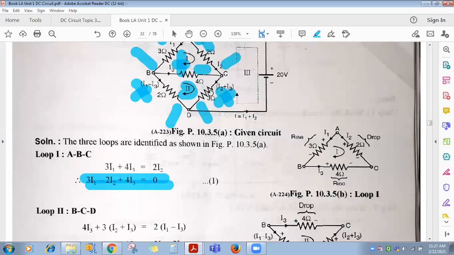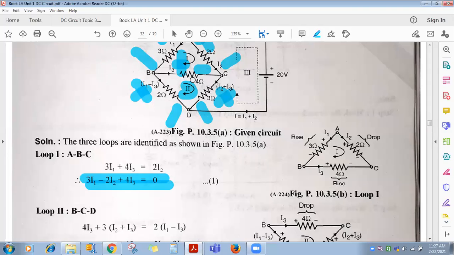What about the 3 ohm? Negative, correct. Minus 3 times I2 plus I3. And what about the 2 ohm? Positive. Plus 2 times I1 minus I3 is equal to 0. Got it?